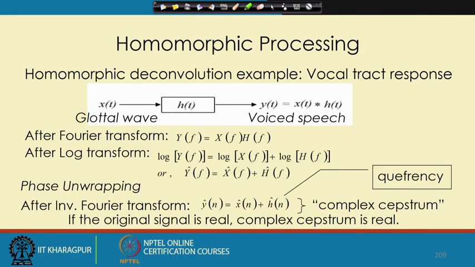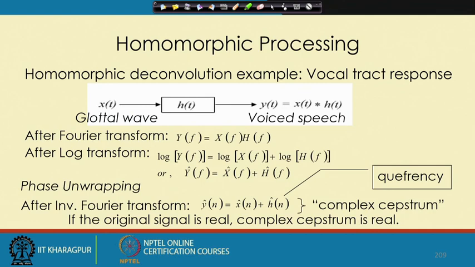And we know what the common voice sounds are that we make, or the vowels we utter. In English they are A, E, I, O, U. So, in each of these cases we have the voice sound that comes out of our mouth.